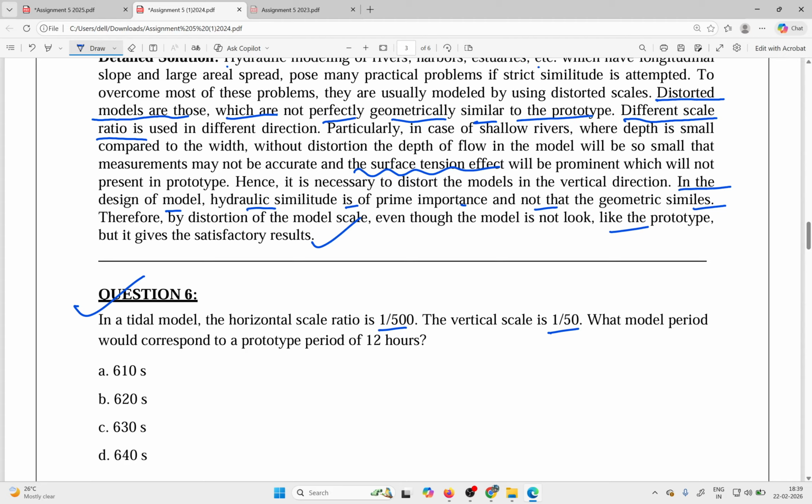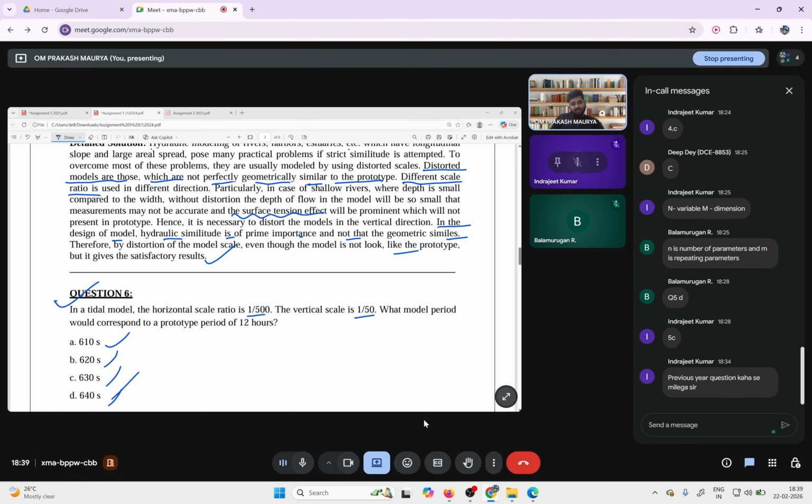What model period would correspond to the prototype period of 12 hours? Is it 610 seconds, 620 seconds, 630 seconds, or 640 seconds? You have four options here. Just try to calculate and write your answer in the chat box.